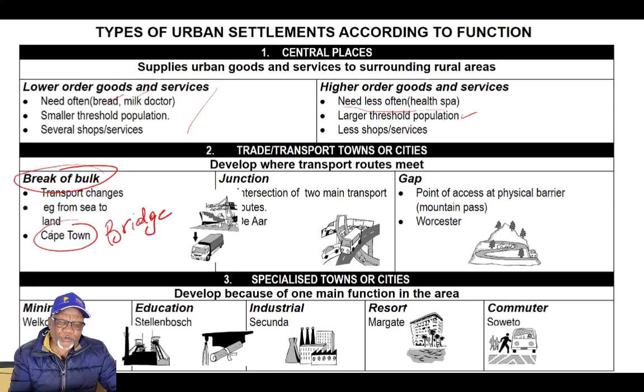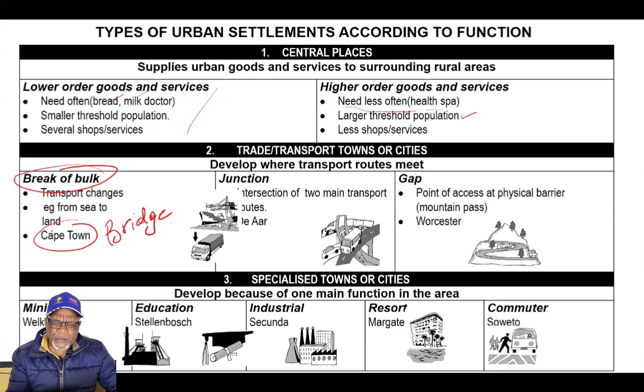For example, all your coastal towns will be the bridge towns, because you travel by sea transport, and when you get to the sea, you then use either road transport, air transport or rail transport. So that is a break of bulk, a type of settlement.